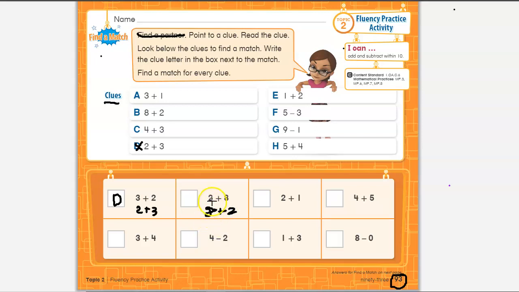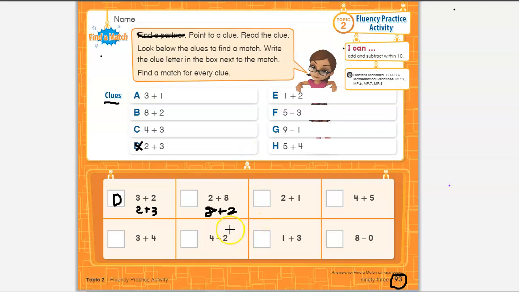Or I could say, what is 2 plus 8? 2 plus 8 is equal to 10. So when I'm looking for my clues up here, I can either be looking for the add-in equation, or I can be looking for a problem that is equal to 10.